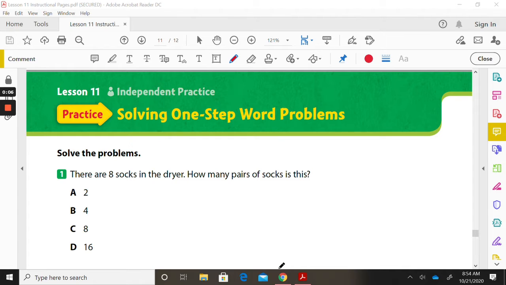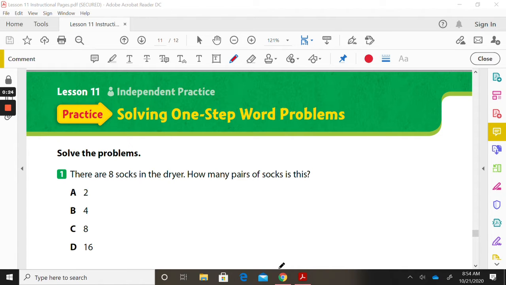This is day 4, Math, Lesson 11, Solving One-Step Word Problems. Today we are going to be working on our final practice pages in our instructional book. We'll be working on pages 122 and 123.